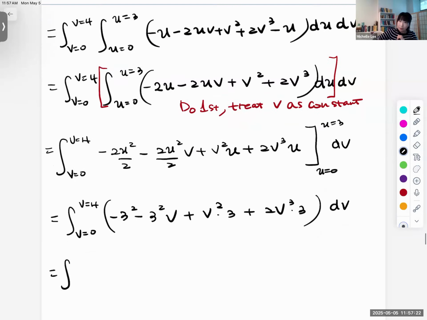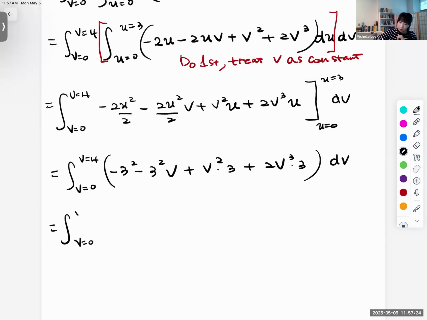So we have, from v equals 0 to 4, negative 9 minus 9v plus 3v squared plus 6v to the third power dv.